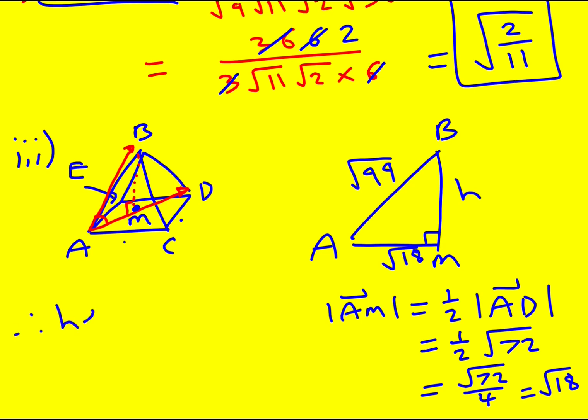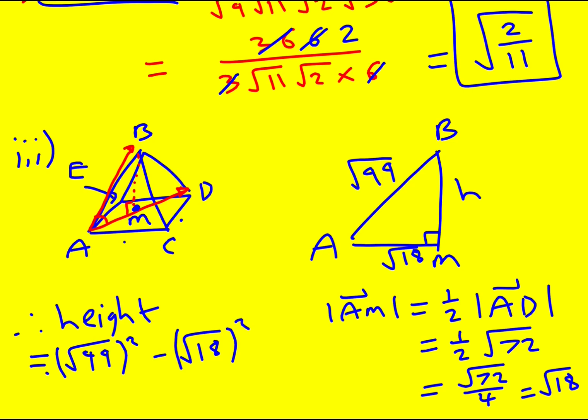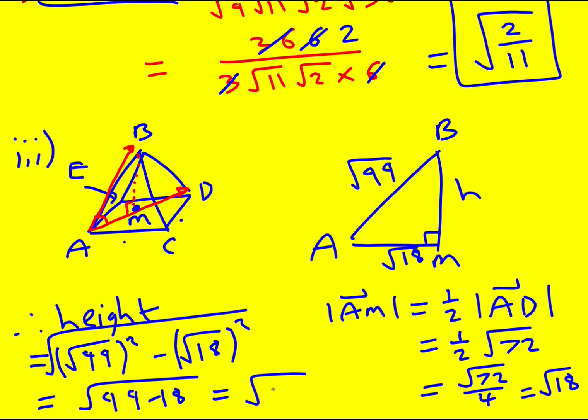And therefore the height will equal root 99 squared minus root 18 squared, all square rooted, which is simply root 99 minus 18, which gives me root 81 and hence 9.